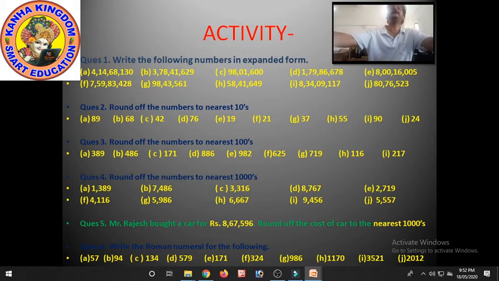In the first question, A part, the number is 4,14,68,130. First you write 4, then comma, and then put 0 in all the rest of the numbers. Means 4 comma 00 comma 00 comma 000 plus.